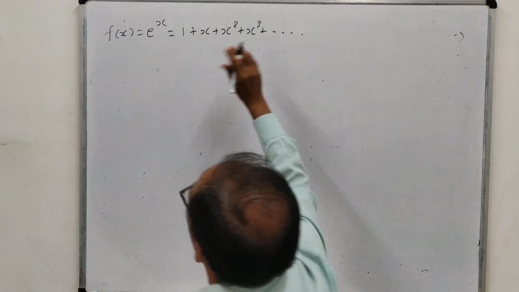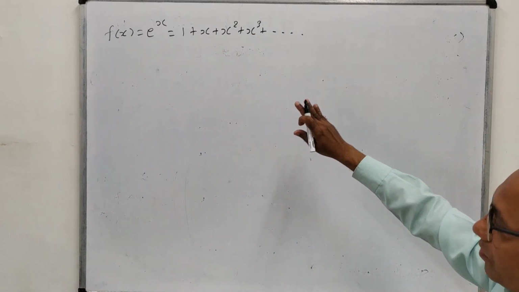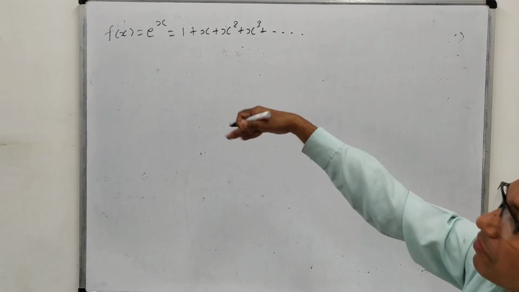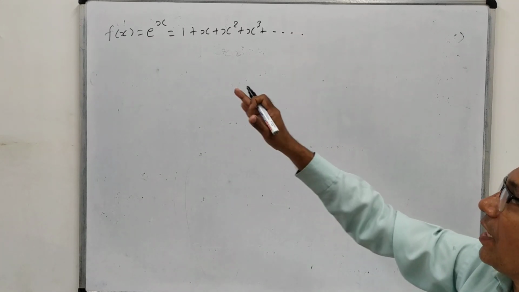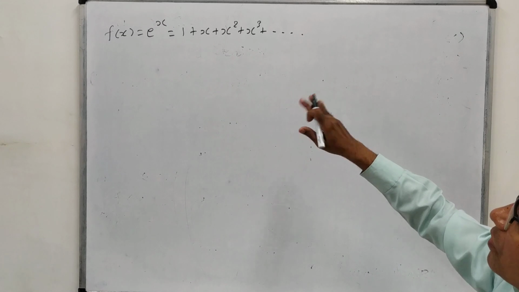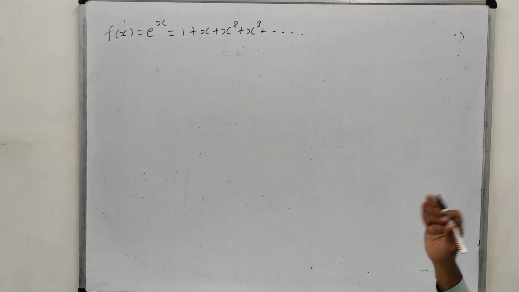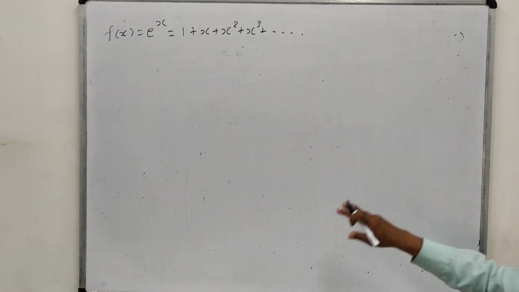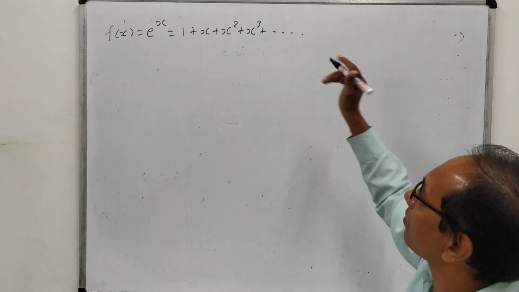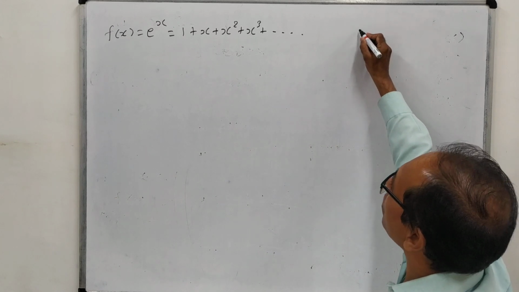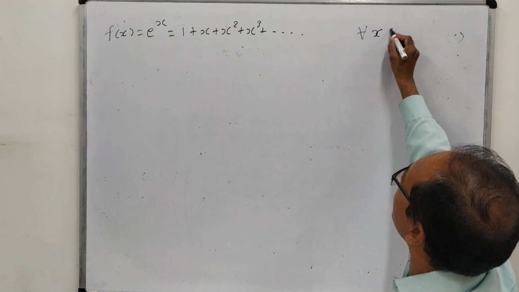This is the expansion of e raised to x, because in Maclaurin series we find the derivatives of e raised to x, put x equal to 0, and find the values of f of 0, f dash 0, f double dash 0 and so on. Then after substituting in the Maclaurin series, we obtain this one. And this is true for all x belonging to R.